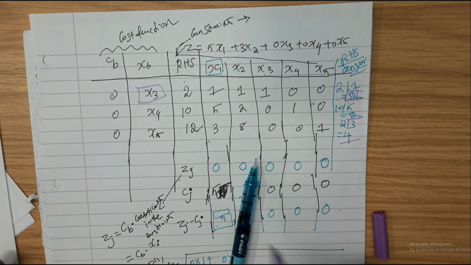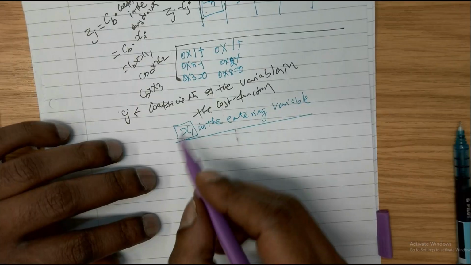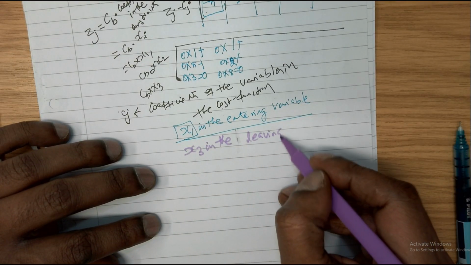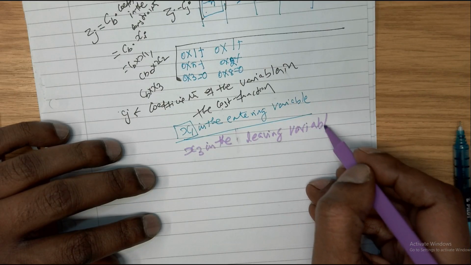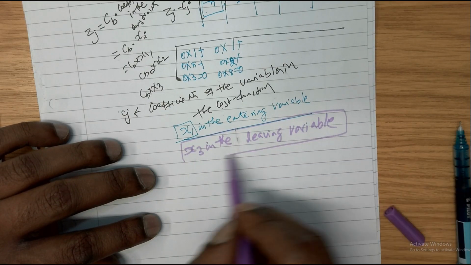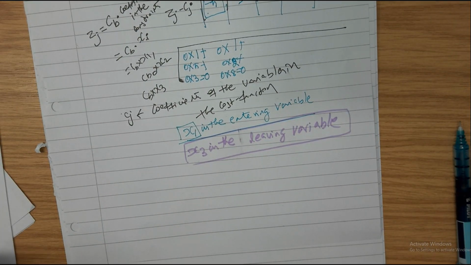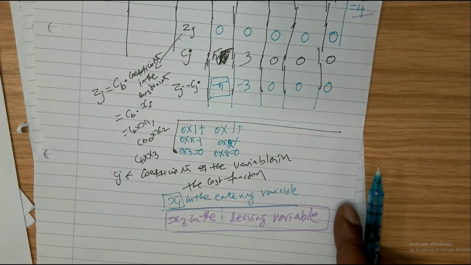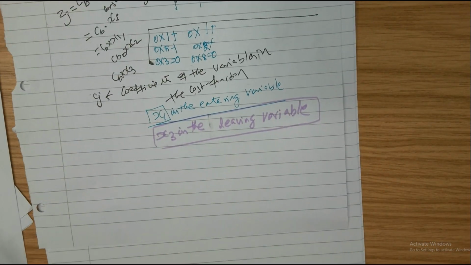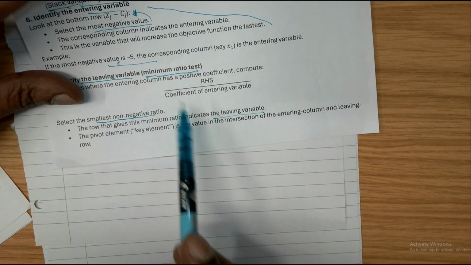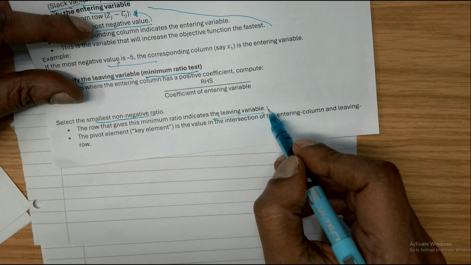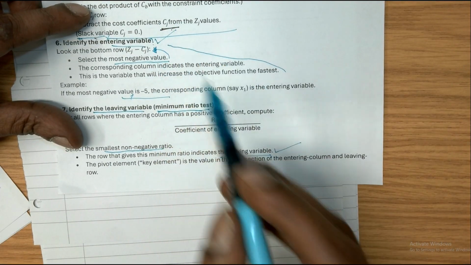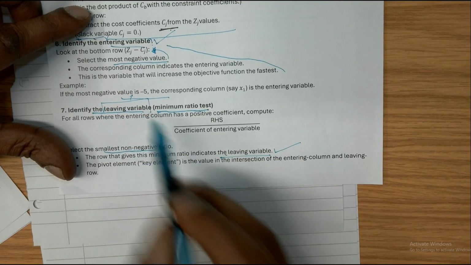So x3 becomes the leaving variable. x3 is the leaving variable. We are not quite there yet, we have to do a lot of things. Once you identify the leaving variable, we already identified the entering variable.